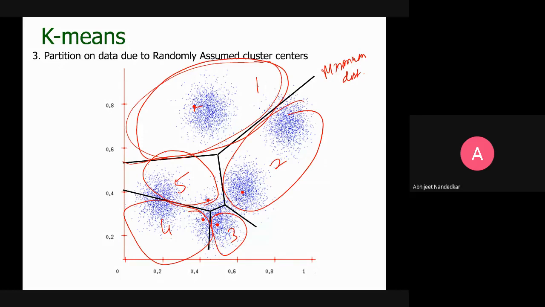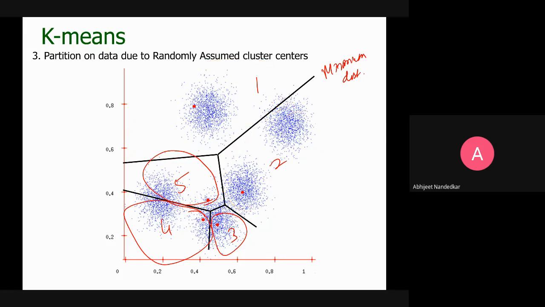Then we find out a new centroid for all the samples which are falling into this partition. Similarly, we will find out centroid for group 3, group 4, and group 5.